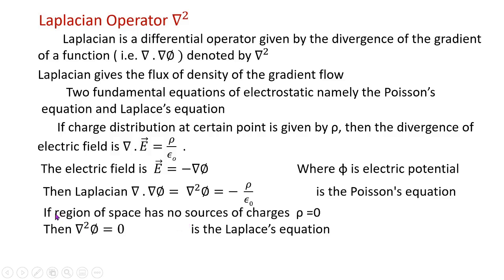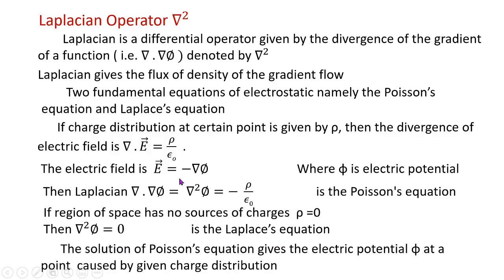And if a region of space has no sources of charge, that is, if the region is charge free, then rho is equal to 0. Substituting rho equal to 0, we get del square phi is equal to 0, and this is Laplace's equation.